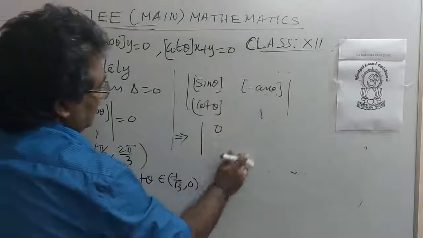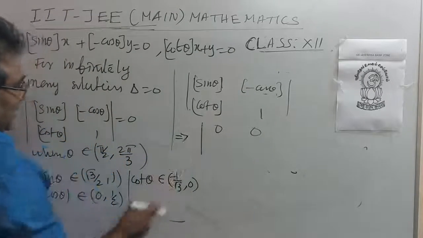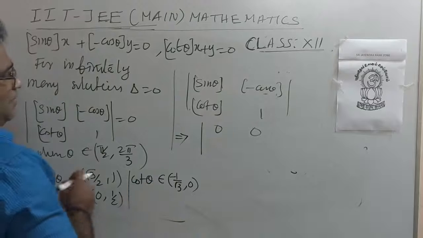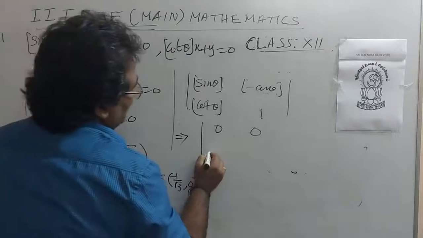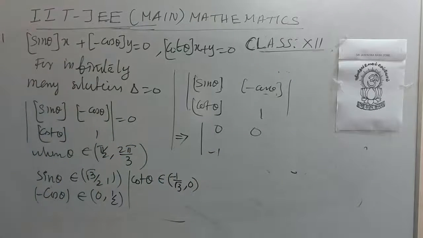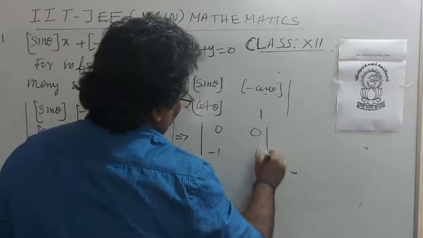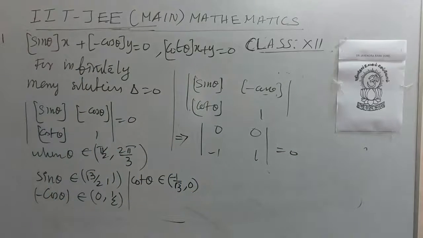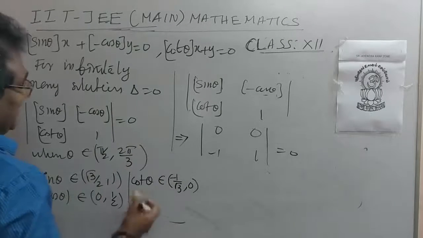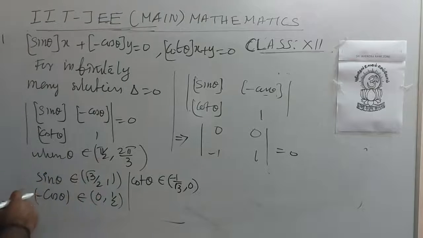For cot theta, minus 1 by root 3, the greatest integer should be minus 1. So the answer will be 0. So delta becomes 0 when theta belongs to pi by 2 comma 2 pi by 3.